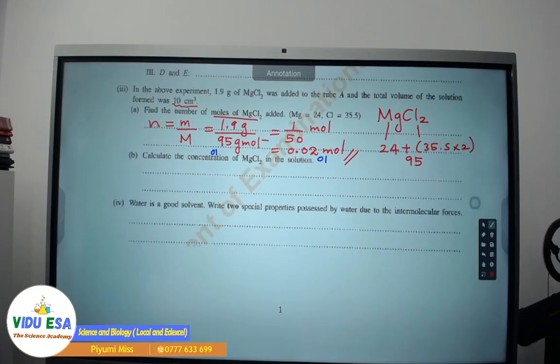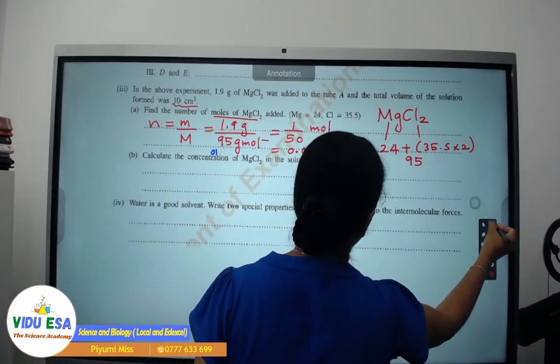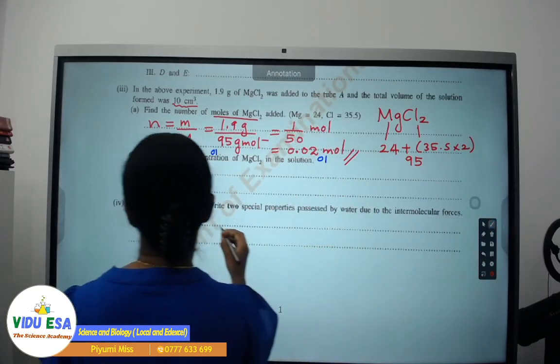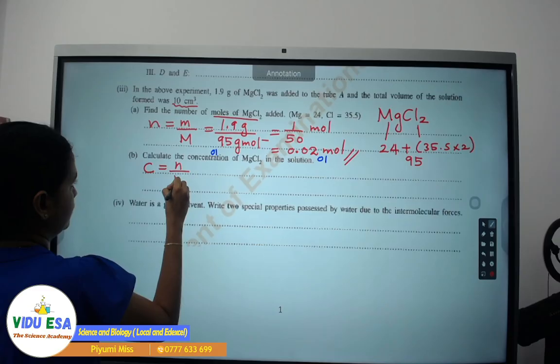Then you are asked to calculate the concentration of the magnesium chloride in the solution. We know concentration equals number of moles divided by the volume.